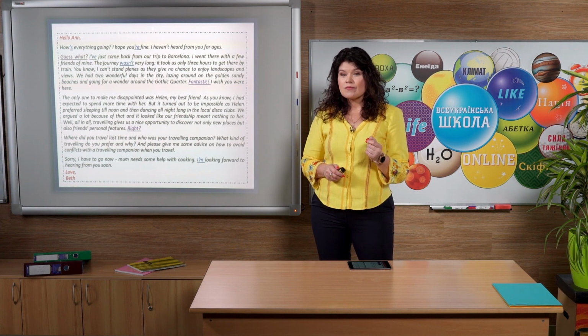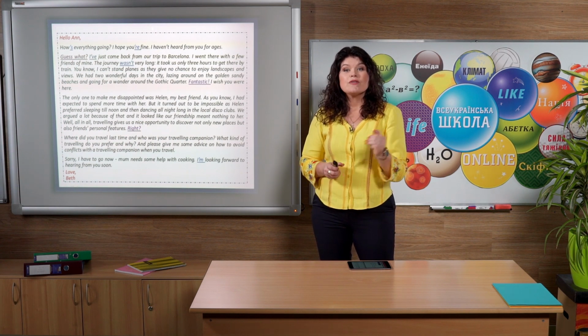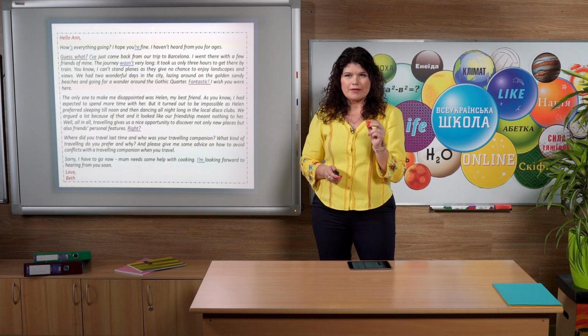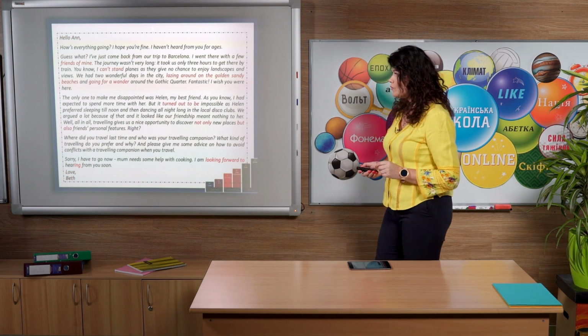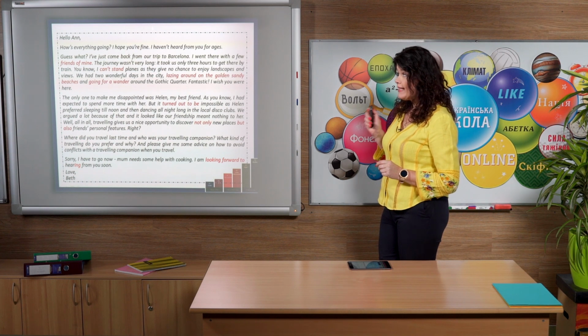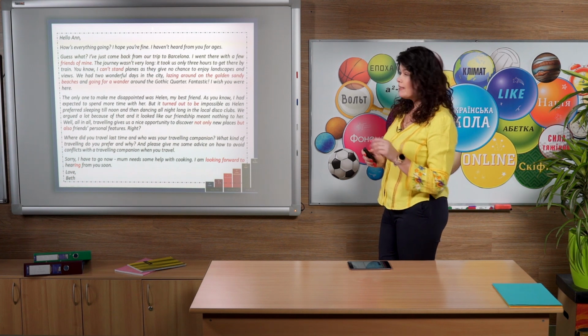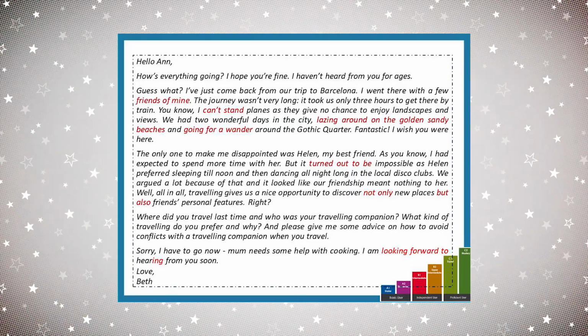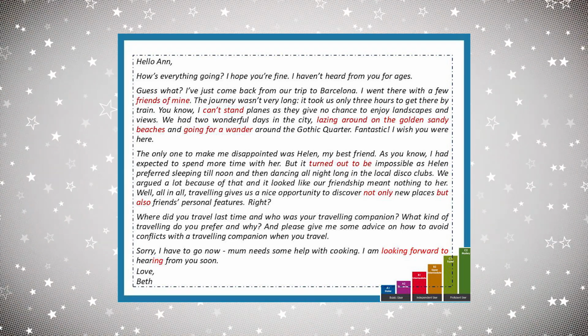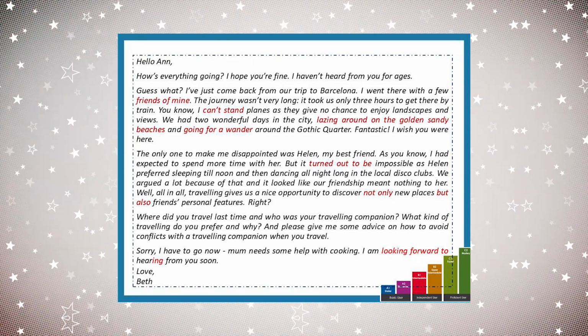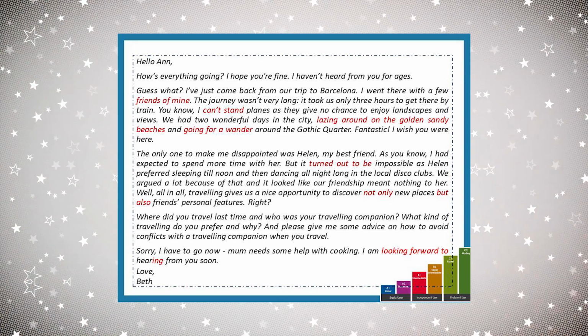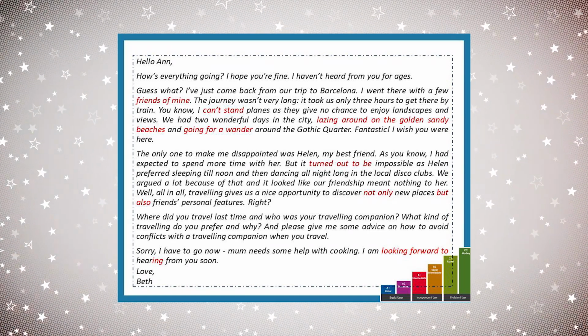And first, we will pay attention to the range of vocabulary. Take a look at the phrases in red. To get a higher mark, you should use the vocabulary of higher levels, B1 or B2. Let's check.